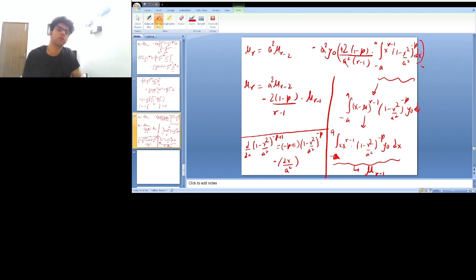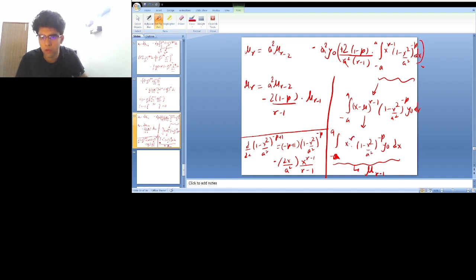So I took the term minus 2 upon a square outside, so I'll be left with another x here, inside, and I also had x to the power r minus 1 already inside, because this is the integral of the second term. So what I'll be having here is x to the power r, not r minus 1. So I'm just writing x to the power r directly here, and this will become the rth moment now, not the r minus 1th moment, right?